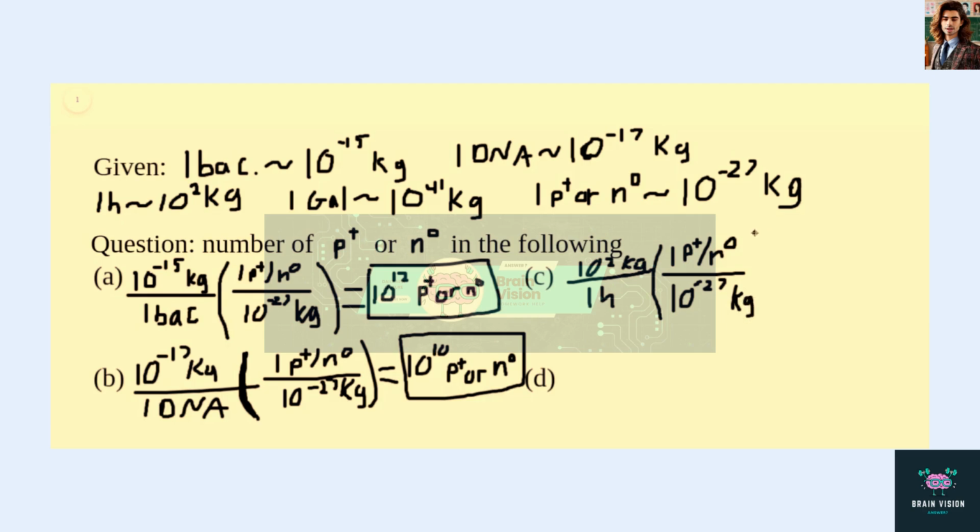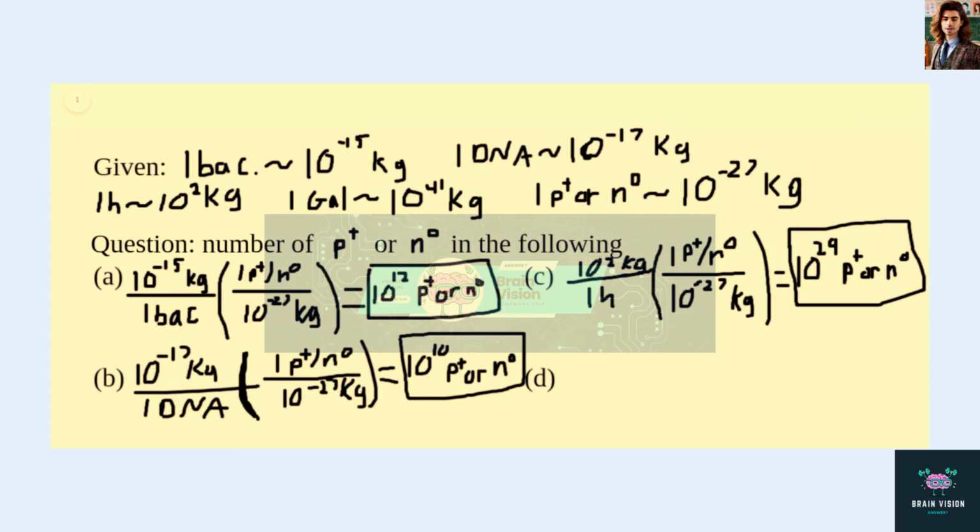That is going to be equal to 10 to the 29 protons or neutrons. Box that in as our solution to part C for the amount of protons and neutrons in a human.